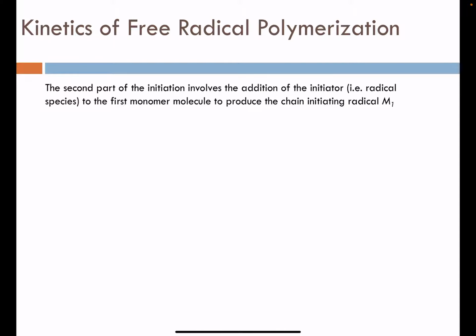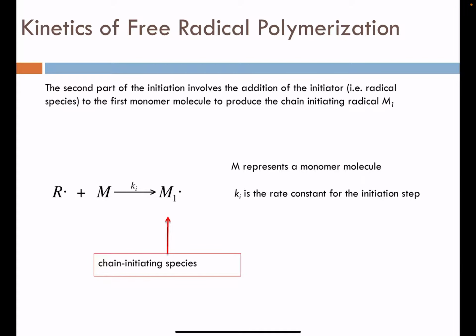Okay, so now that we have a better understanding of how we get our radicals, we can move on to understand some of the next steps. So thereafter, sticking with the format of R dot, so this could have been the phenyl functionality, for example. We know that the first propagation step demands a reaction with monomers, so we abbreviate that as M, and that first initiation of the monomer is now going to have a rate constant K sub I, and the product here will be labeled for our understanding here as M1.